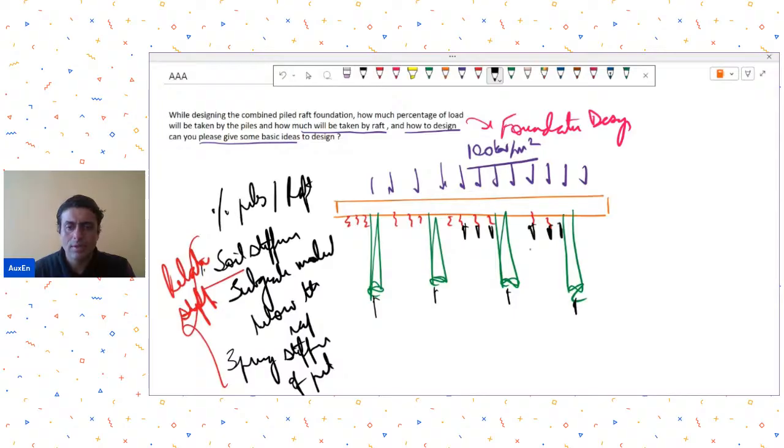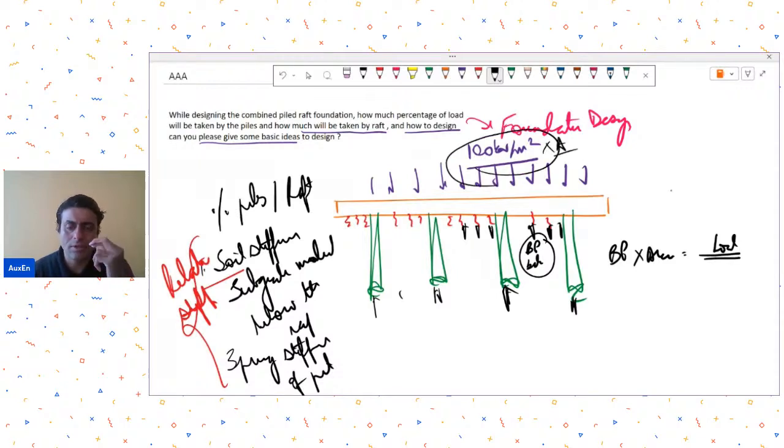Okay, so this will be the bearing pressure below raft, and you can find out how much pile is taking. Then you can multiply the bearing pressure that raft is taking into area of raft, so you will get how much load is being taken by raft, and subtract it from the total load acting, 100 kilonewton per meter square into area of the top portion of the raft, let's say.